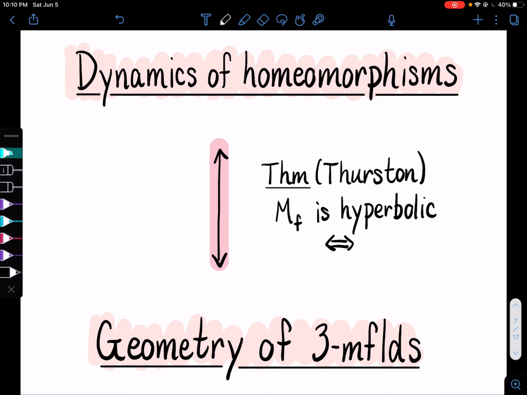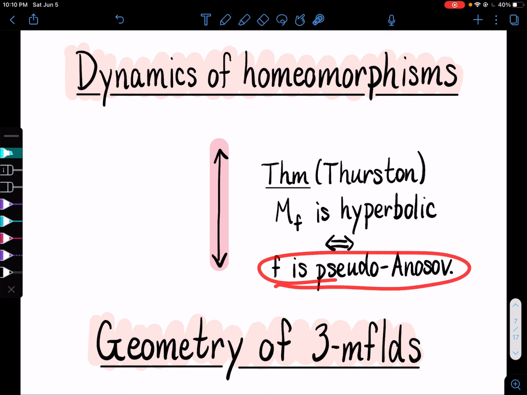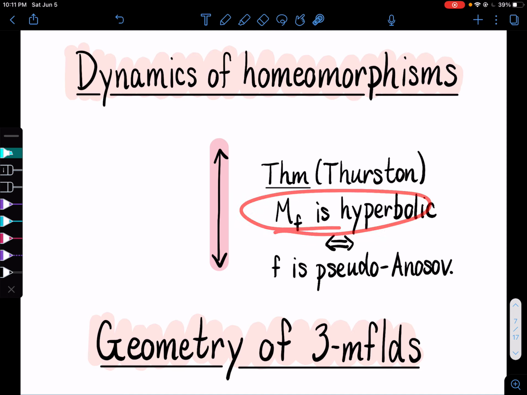The mapping torus is hyperbolic if and only if the monodromy, our gluing map F, is pseudo-Anosov. So this is tying the very large-scale dynamics, the fact that F is pseudo-Anosov, to the large-scale geometry of this 3-manifold.